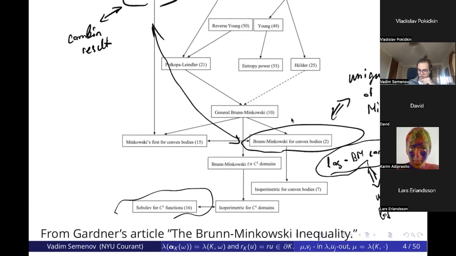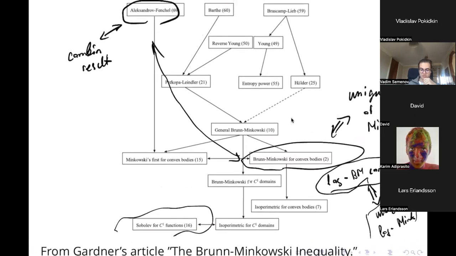So you can try to prove uniqueness of the log Brunn-Minkowski problem. You can do some smooth results. You can look at this part over here and see if it can be strengthened in a way to obtain the log Brunn-Minkowski conjecture.